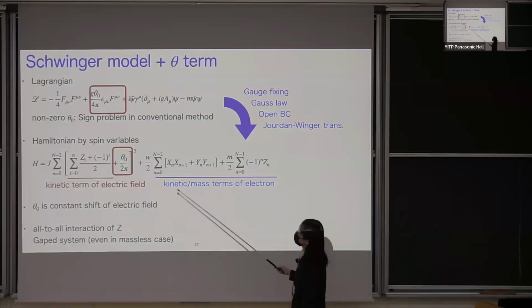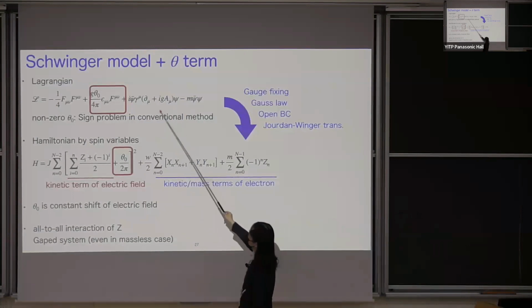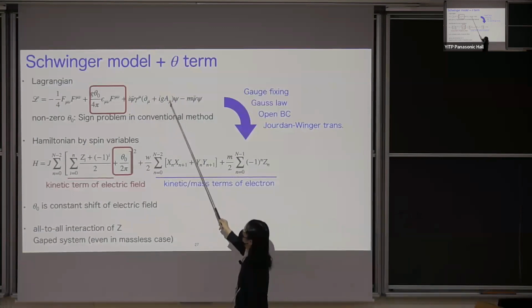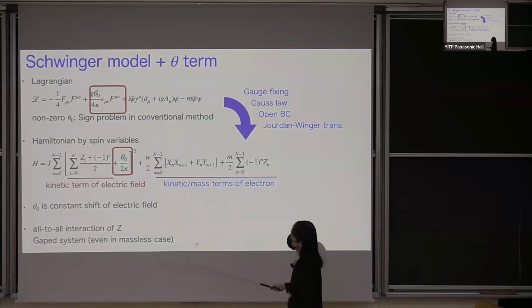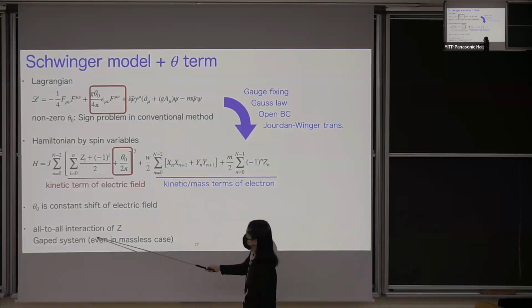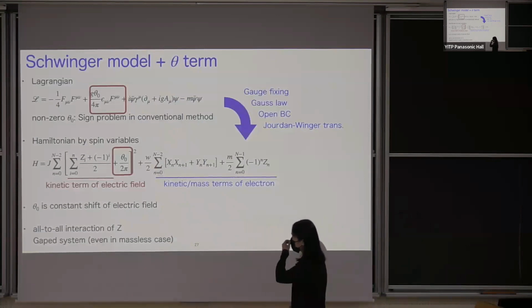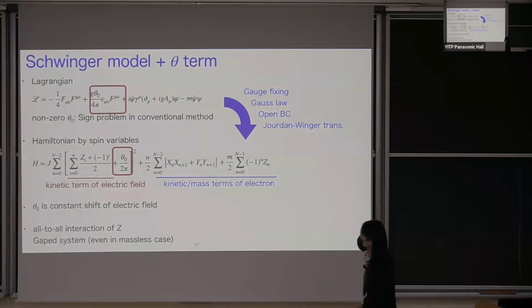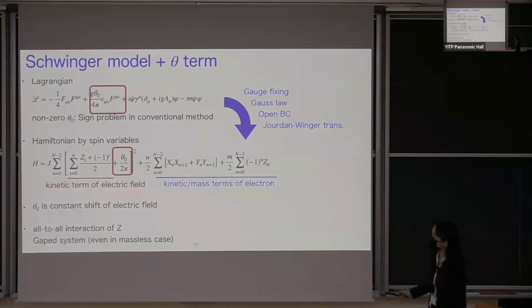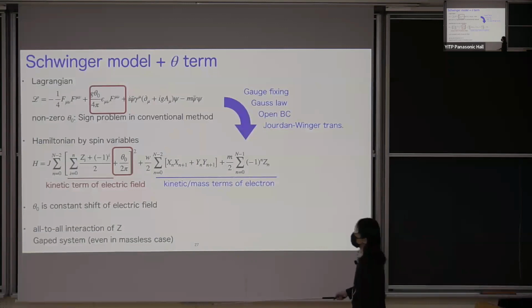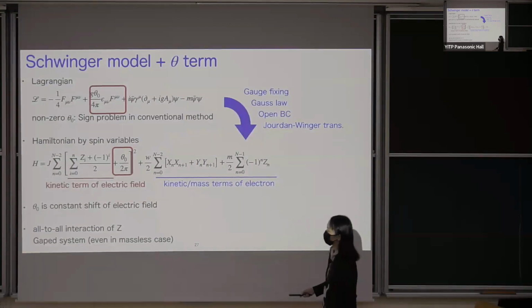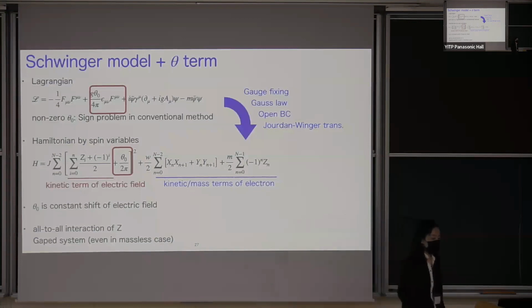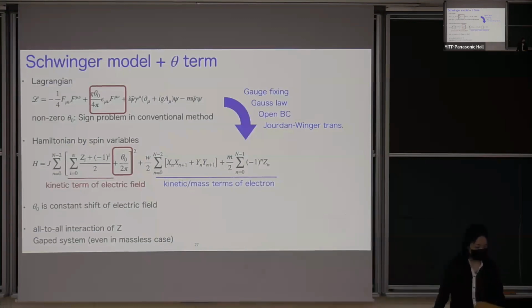The reason is that the original Lagrangian has a local interaction. Also, in the case of the one-flavor Schwinger model, the system is gapped, even in the massless fermion case. That is why we can perform DMRG, and the entanglement is finite in large volume simulation.